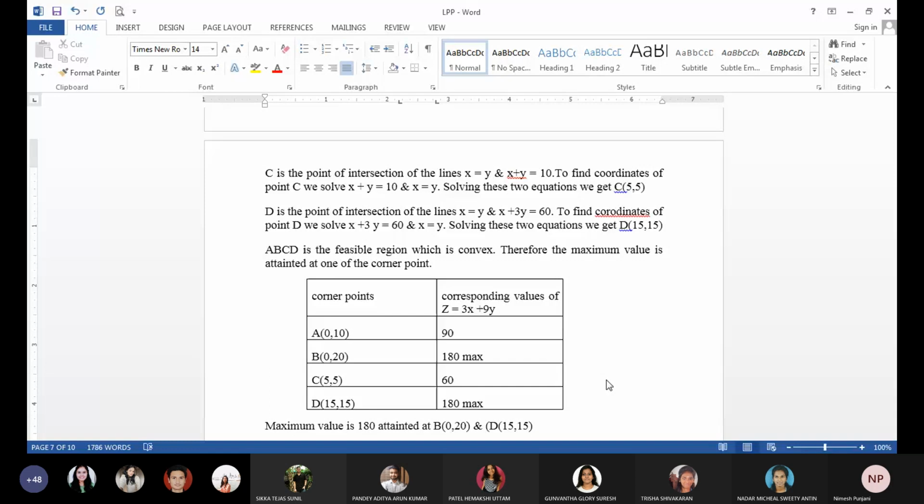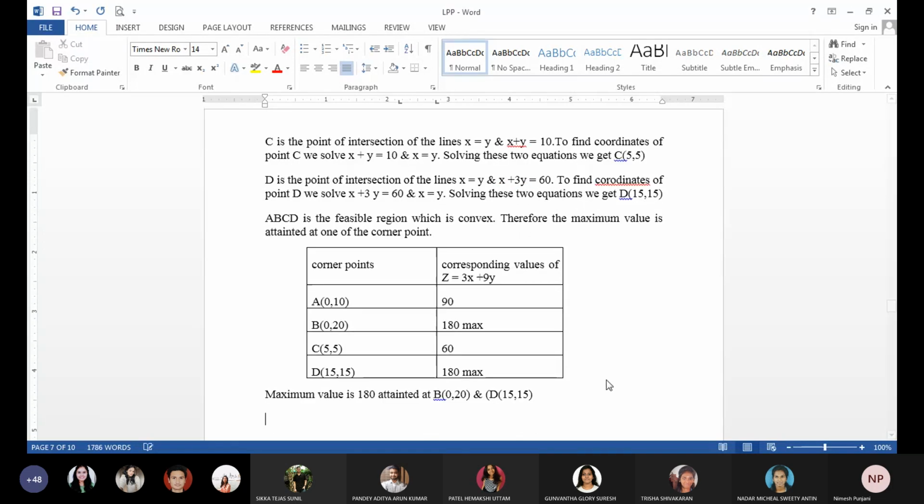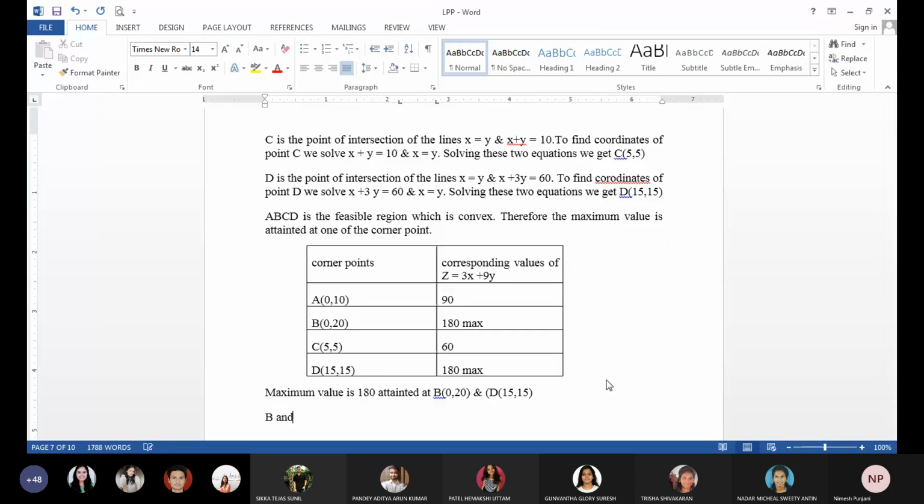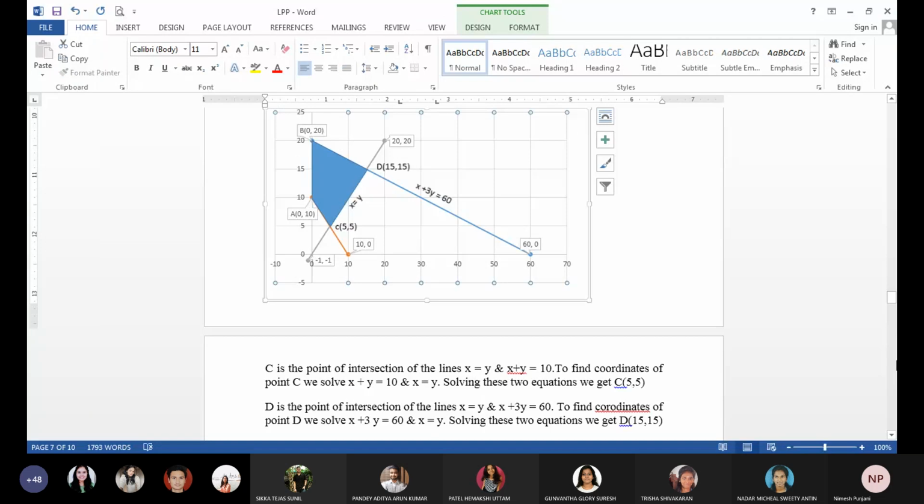Now check in the graph whether B and D are adjacent points or not. B and D are adjacent points. You can check. I'll just go to the diagram. You can see B and D are adjacent points.